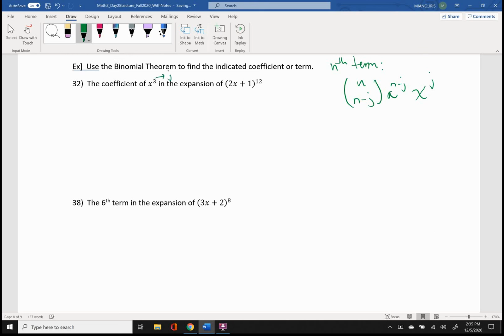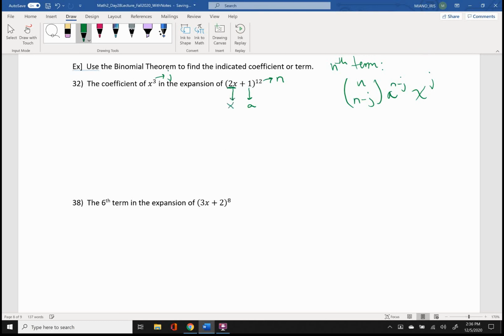That's your j value. n is 12. And that's all you really need. Oh, your a value in this case is a 1. And your x value here is technically this 2x.